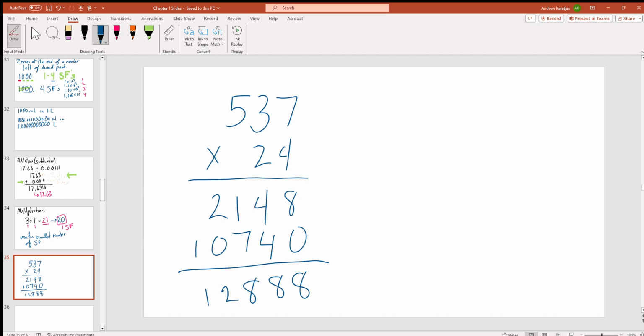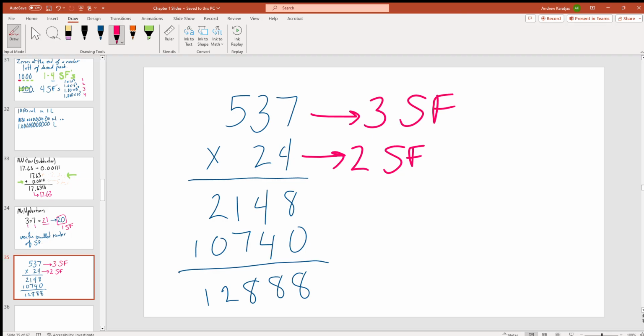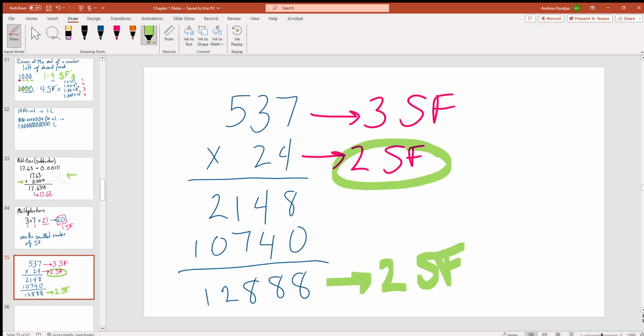And if I've done my math correctly, we get an answer of 12,888. But we then need to round. 24 here has two significant figures. 537 has 3. So the smaller number is 2. That means we need to round our answer to two significant figures, which in this case would give us 13,000.